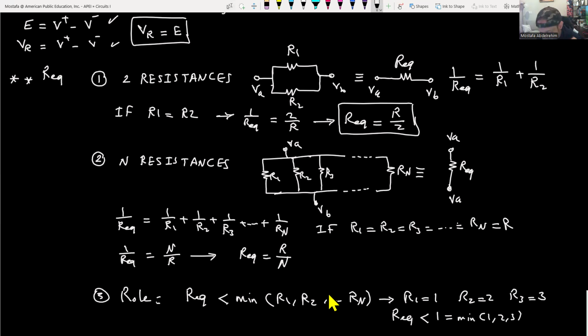If you have 2 resistances, you can write this in this way: R equivalent equals R1 multiplied by R2 divided by R1 plus R2. That's just a special case if you have 2 resistances. And finally, R equivalent must be less than the minimum between the resistances that are connected in parallel.